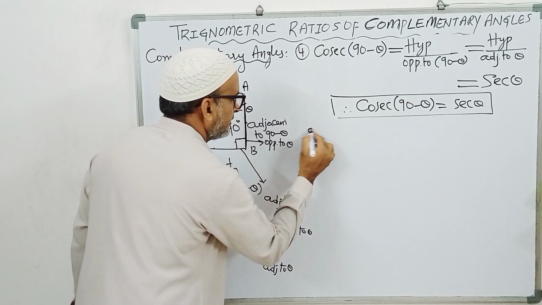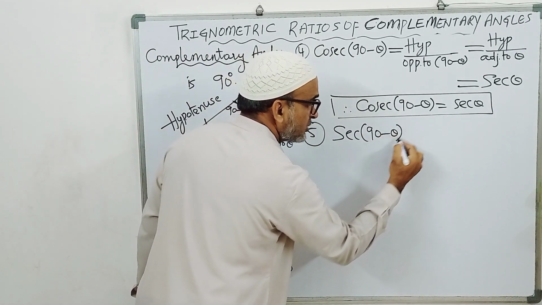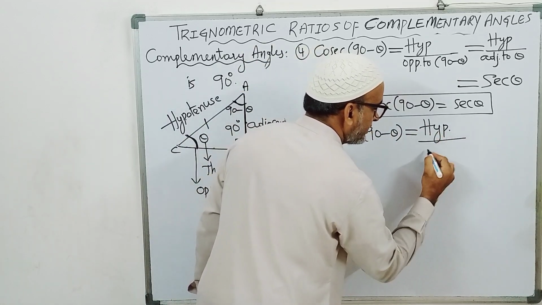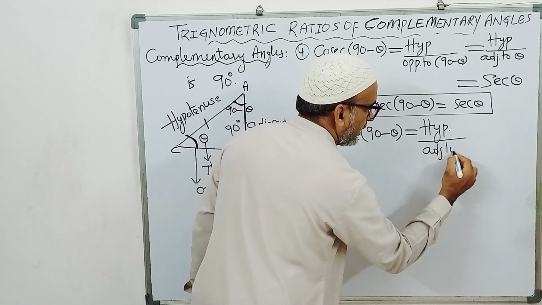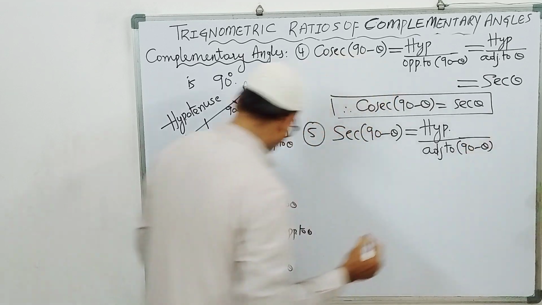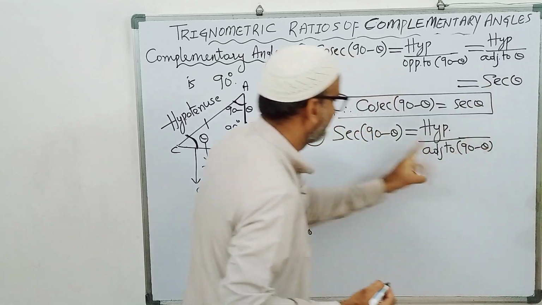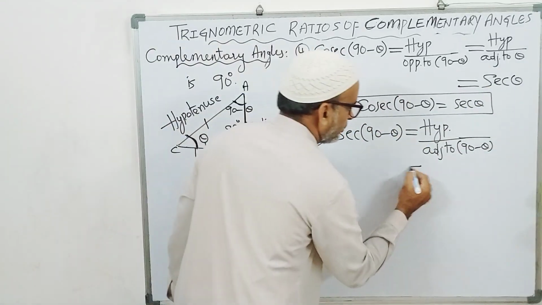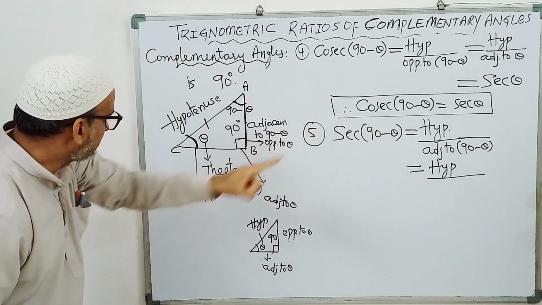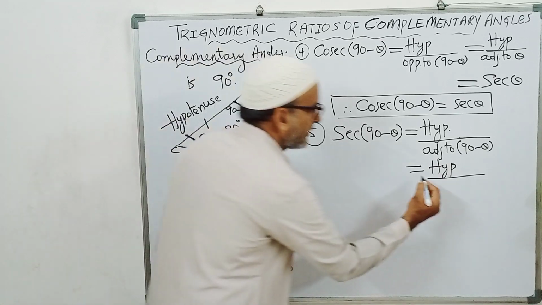Number 5, sec of 90 minus theta. Sec's ratio is hypotenuse by adjacent to 90 minus theta. Adjacent to 90 minus theta, another name is opposite to theta.